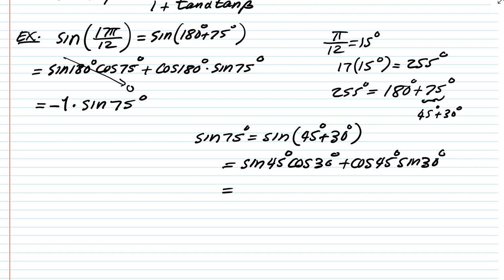Sine 45 is root 2 over 2. Cosine of 30 is 1/2, plus cosine 45, sine 30 is 1/2.